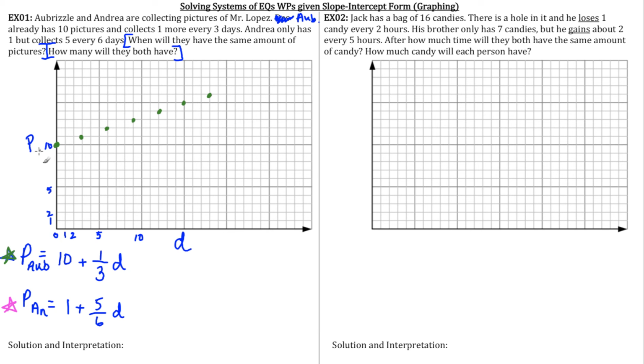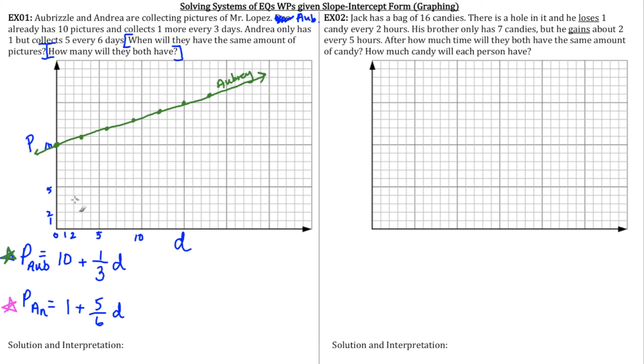These lines always trip me out. Okay, and this will be Aubrey's pictures.